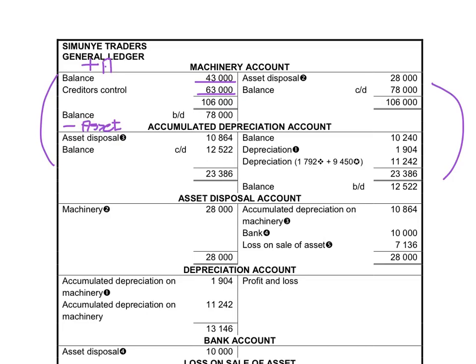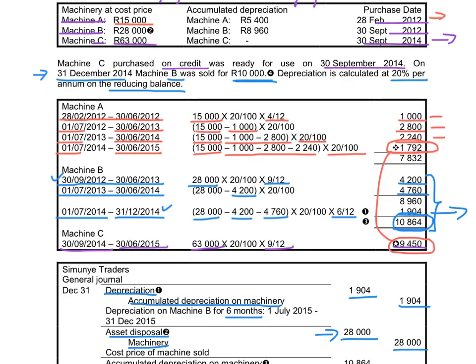To calculate the opening balance of your accumulated depreciation account, you must determine how much depreciation was written off on machine A and B up to the end of the previous year. And if we look at our calculation, up to the end of the previous year, we've written off depreciation on machine A, 1,000, 2,800, 2,240, and if I add that up, I get 6,040.